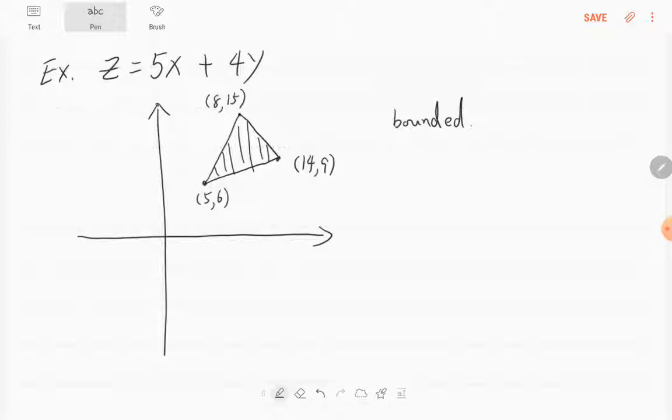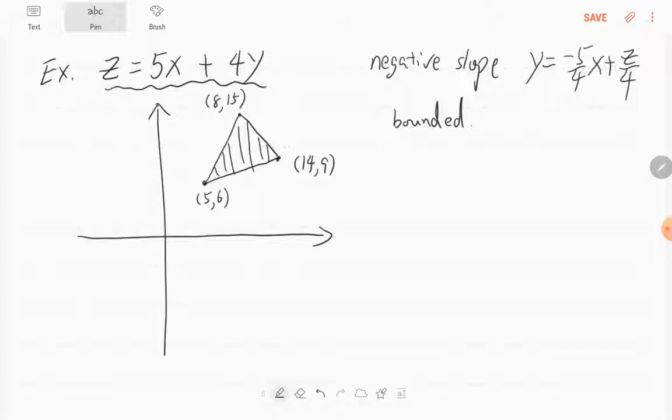So the question is if we can find the minimum value of z or the maximum value of z, or if they exist or not. For this equation, if we fix z as a number, then this will give you a line which has a negative slope, because you can write this as y equals negative 5 over 4 x plus z over 4.